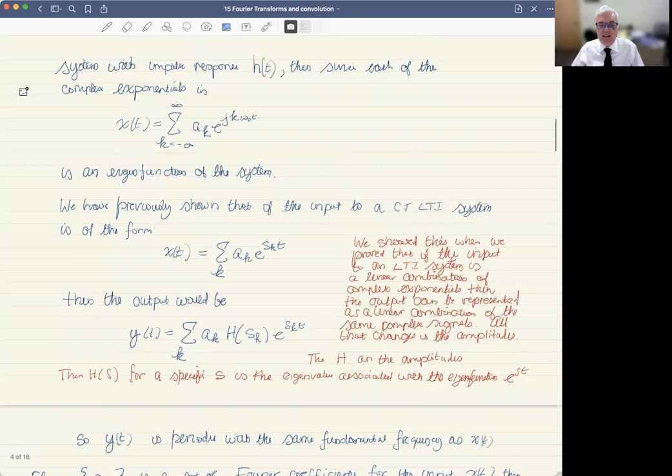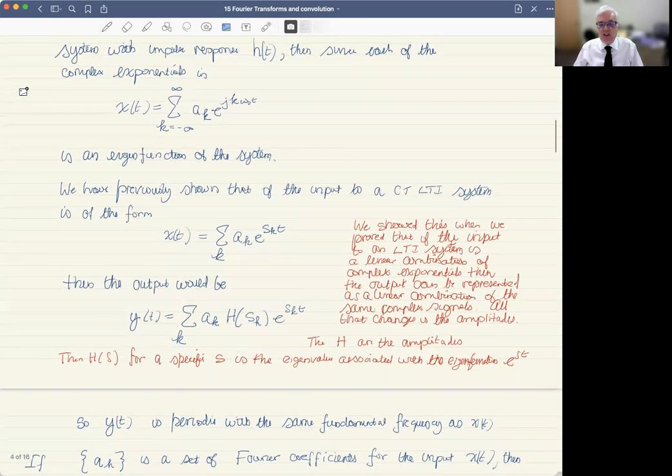So here is the input, which is an eigenfunction of the system, and we have already shown what the output will look like for an input of this form. And in red, I've reminded you how we do that.